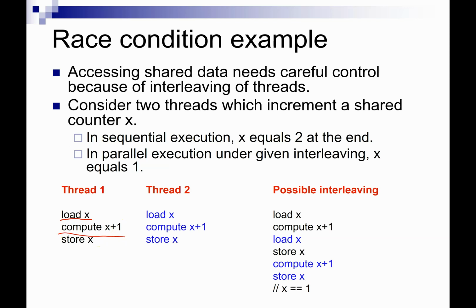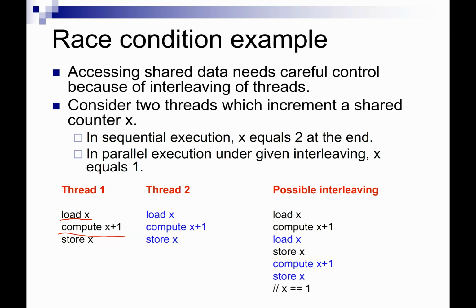Okay, and thread 2 is going to do the same thing, right? It also loads x from memory into thread 2's register, increments it in its own register and then writes it back to memory. Okay, so now since each thread is doing several instructions, they can be interleaved in some arbitrary order. Okay, so suppose that we have this thing on the right as the interleaving.